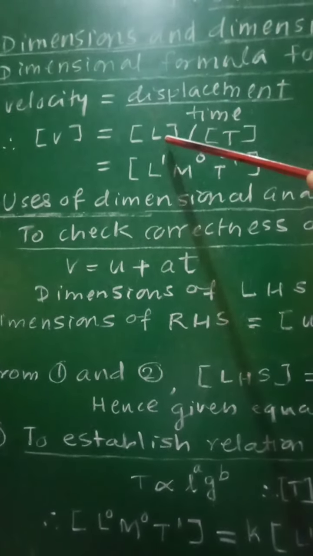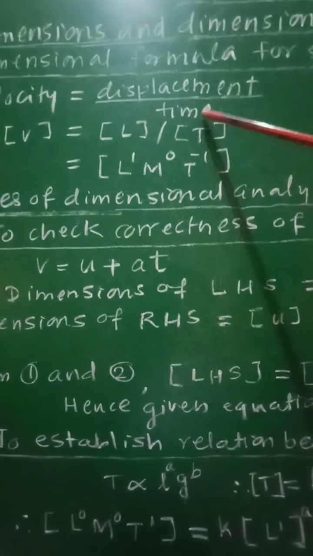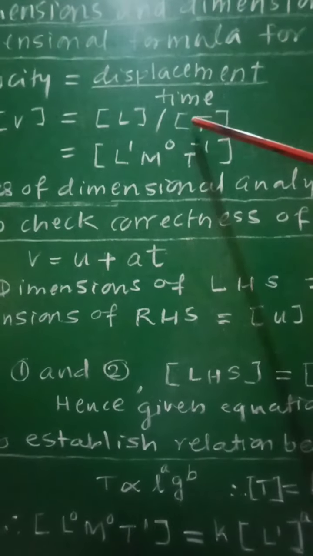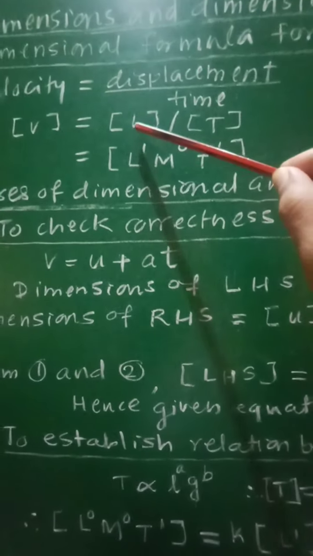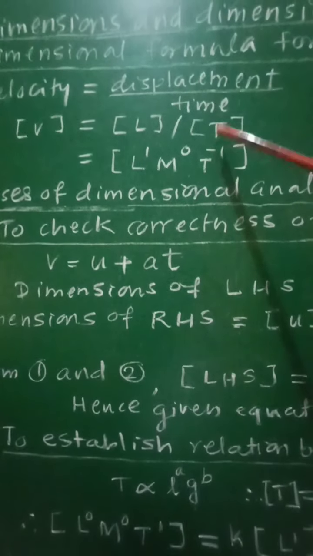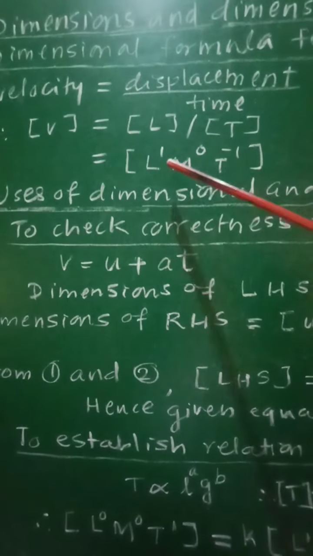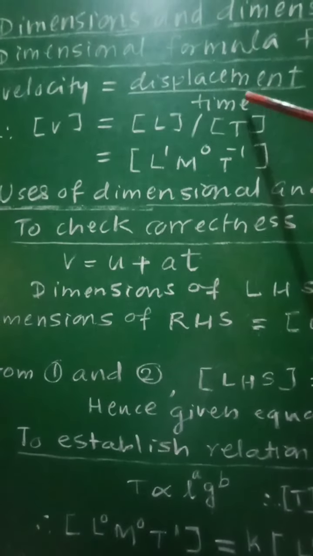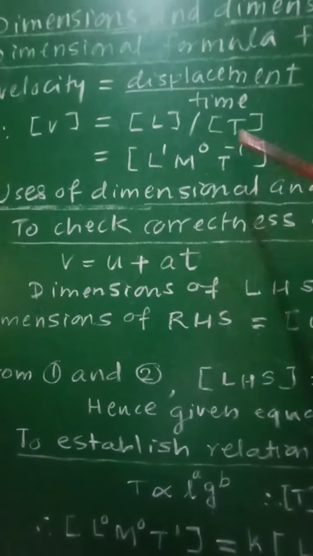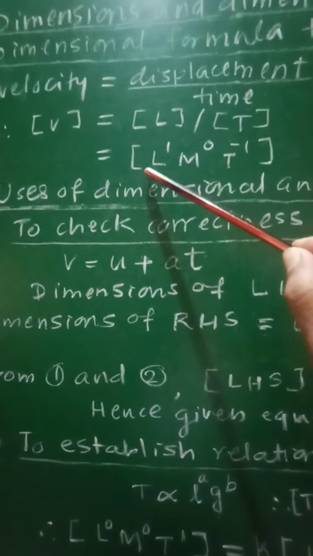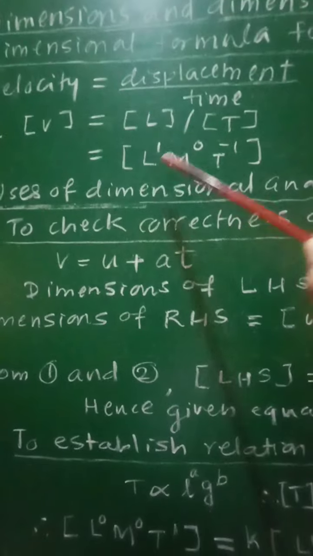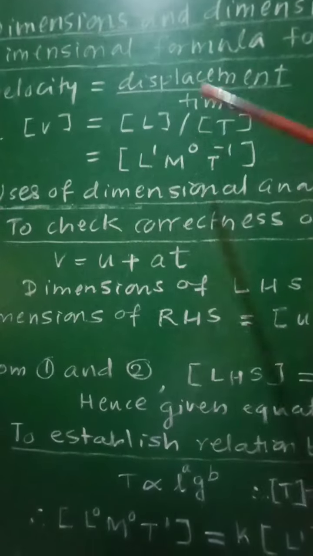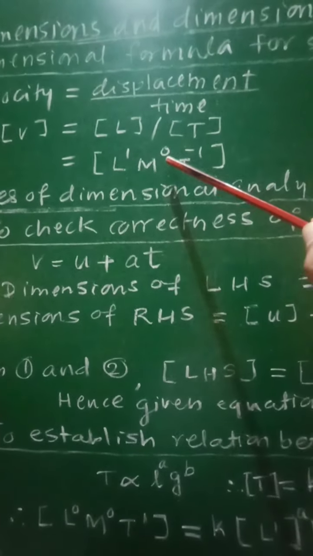Now time is in the denominator and it also occurs once, so this is upon T only. So dimensions of displacement upon dimensions of time. In order to simplify it, this 1 in time will be shifted to the numerator, and it will become -1, and therefore the dimensions of velocity will be 1 in length, 0 in mass, -1 in time. As there is no mass, the index of mass is 0.